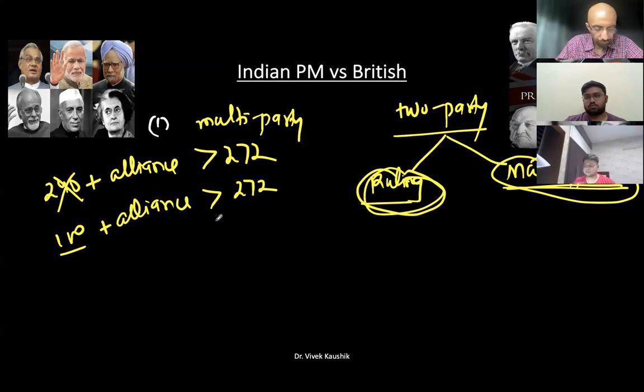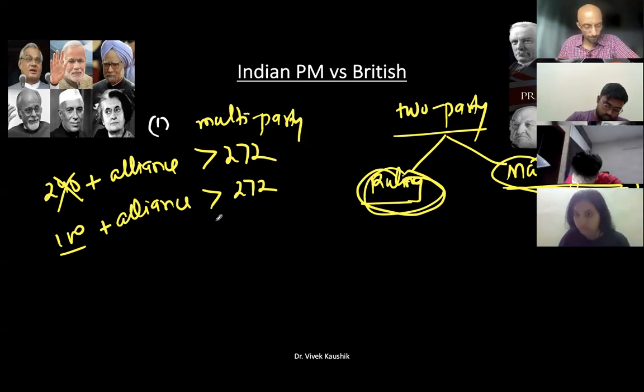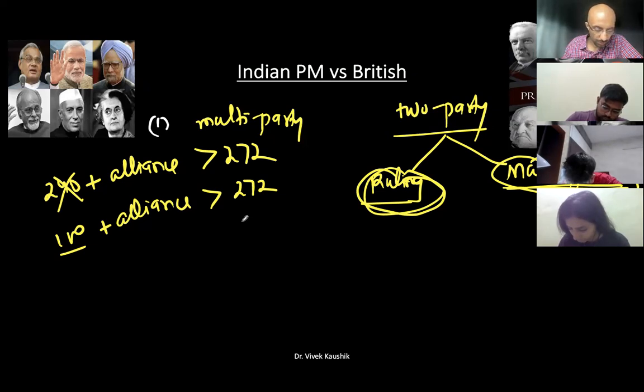Right, first point. Britain has a two-party system where the political power keeps shuffling between the Labour Party and the Conservative Party.